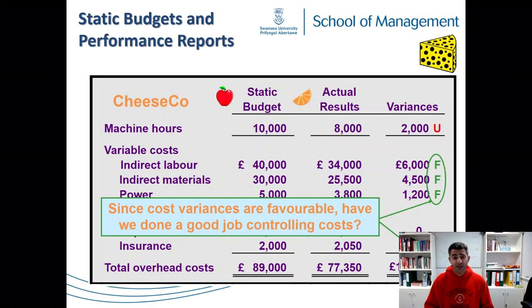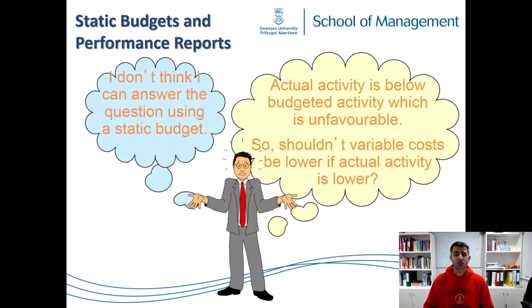To answer this question, it's not going to work with a static budget at all. Absolutely no way. So shouldn't variable cost be lower if actual activity is lower? Of course, yes, that's normal.